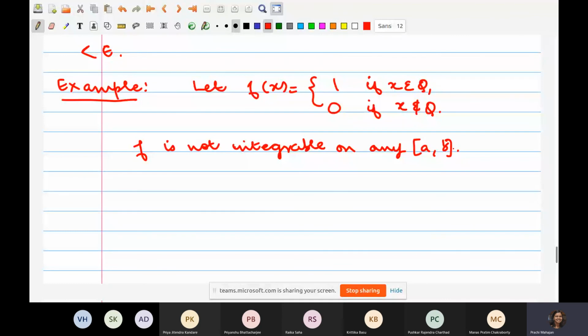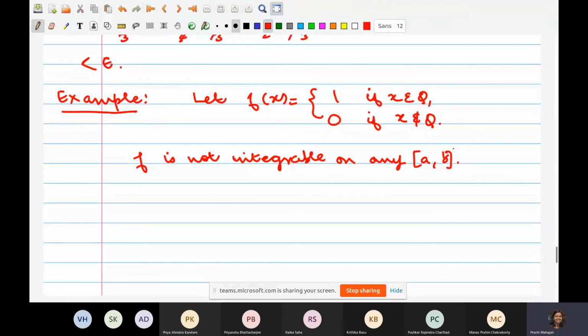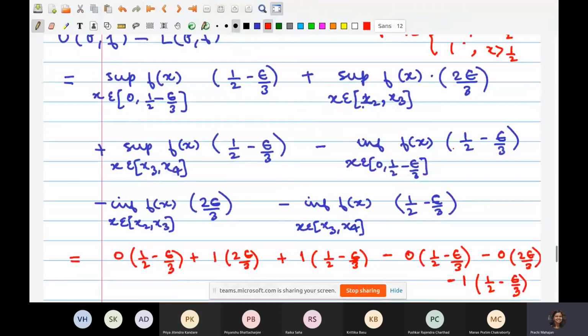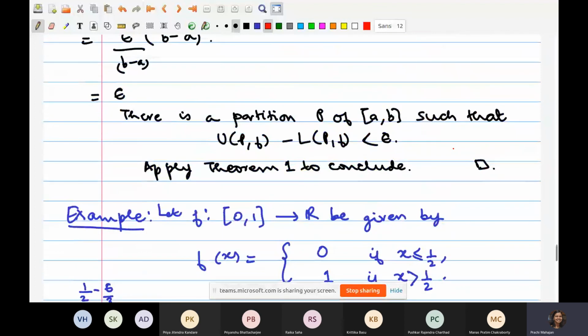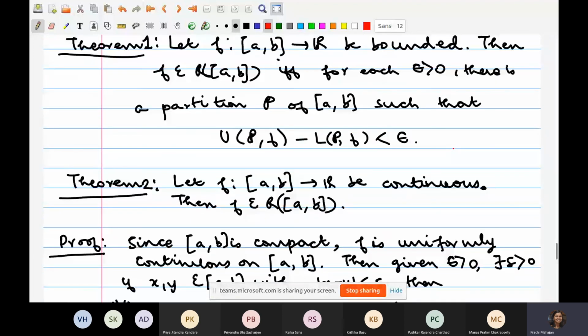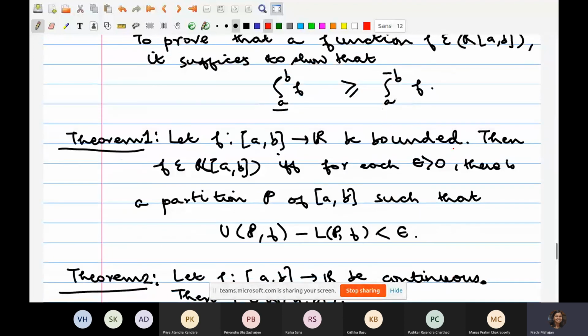So again, I'm going to appeal to theorem 1. What is the statement of theorem 1? Let's just go up and see. So I'm going to appeal to this theorem. This says that f is integrable provided for every epsilon positive there is a partition of the interval AB so that the upper and the lower sum do not differ by more than epsilon.